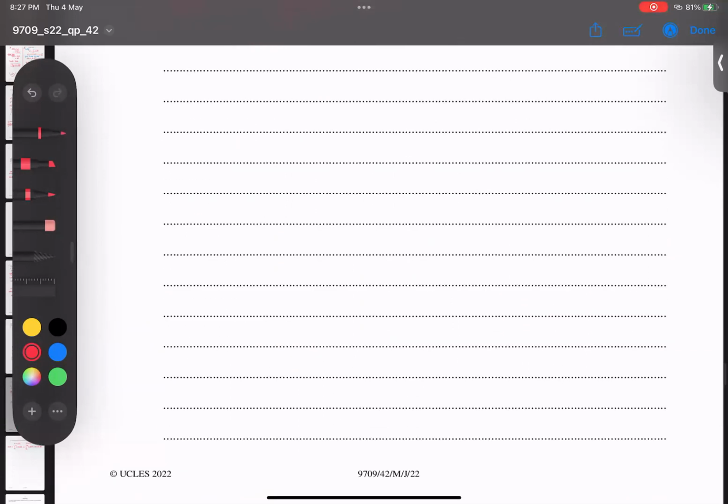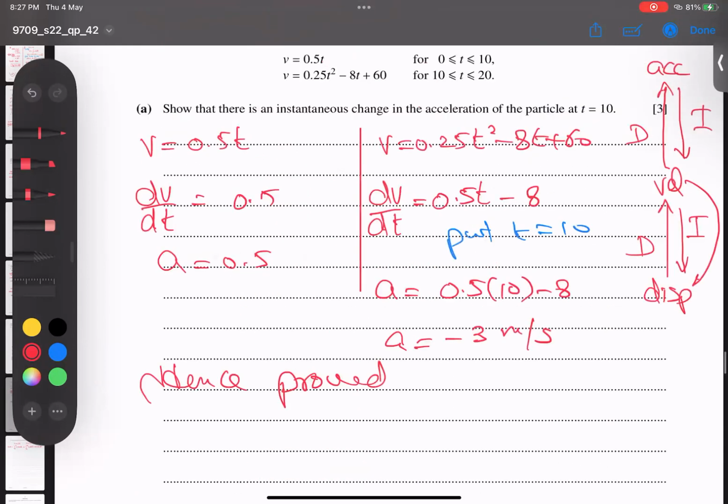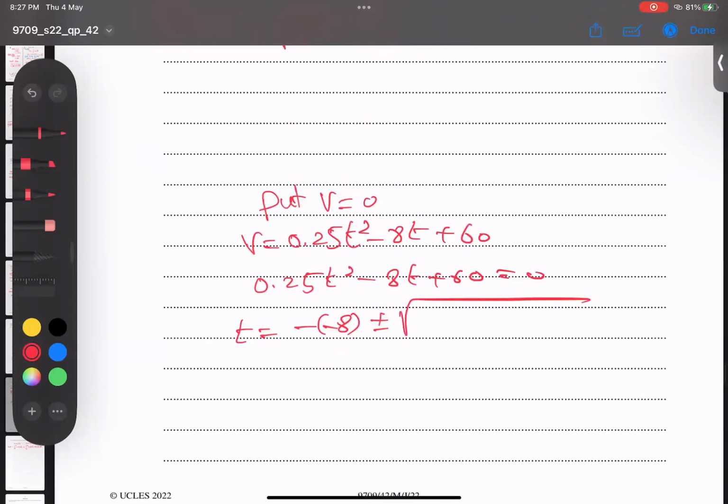So for the particle, put velocity 0 in the velocity formula, 0.25t squared minus 8t plus 60. When I plug in 0, students, I get this kind of equation. So I apply the quadratic formula: negative 8 squared minus 4 times 0.25 times 60, over 2a.